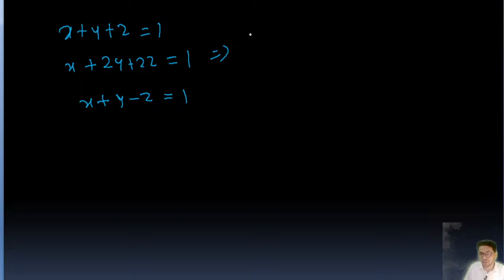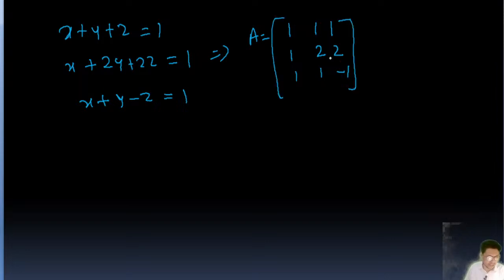So here A is going to be 1 1 1, 1 2 2, 1 1 minus 1, okay, and C is going to be the same matrix with an extra column.